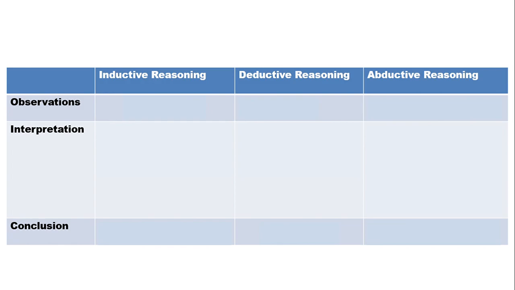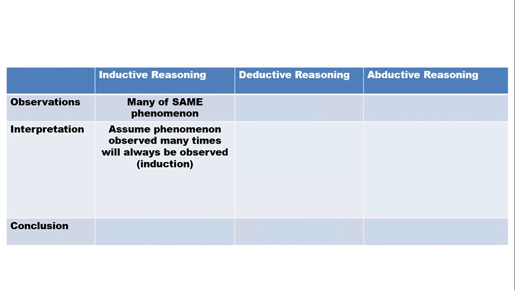Inductive reasoning. What kind of observations do we make in inductive reasoning? Well, we make many observations, but they're all the same phenomenon. Over and over again, we observe the speed of light. Over and over again, we observe electrical charges interacting. And then we interpret those observations on the basis of the assumption that a phenomenon observed many times will always be observed.